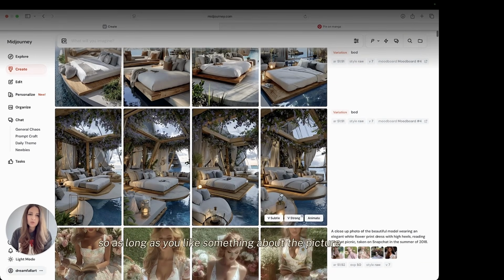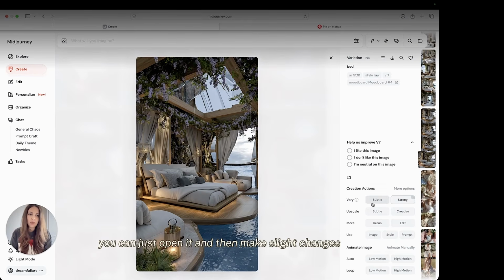So as long as you like something about the picture and it really stands out, so you look at many pictures, let's say 20-30 images, and one picture really stands out in your eye, in your taste, you can just open it and then make slight changes or strong changes and do it as long as you need until you get the result that you want. This is how I do it.